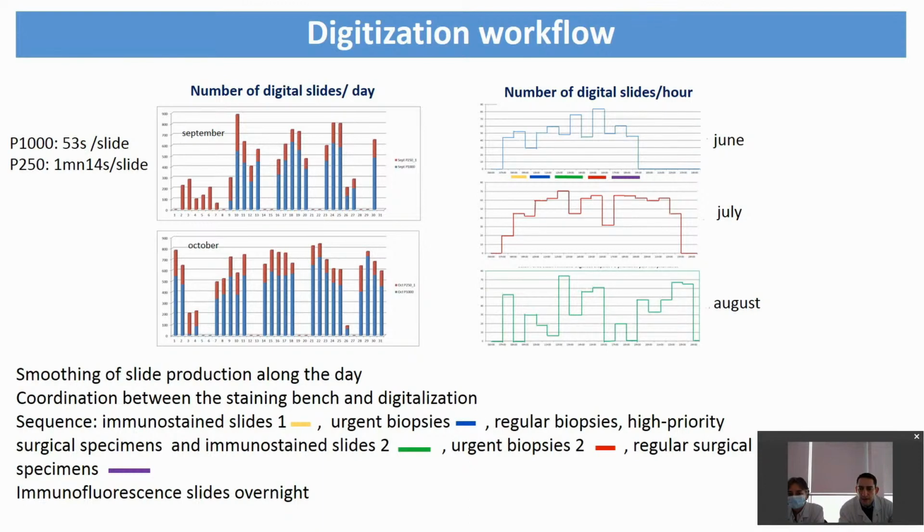Immunofluorescence slides are scanned over the night. We try to smooth as far as possible the slide production over the day to obtain the best productivity from the scanners. A good coordination between the staining bench and the digitization is essential.